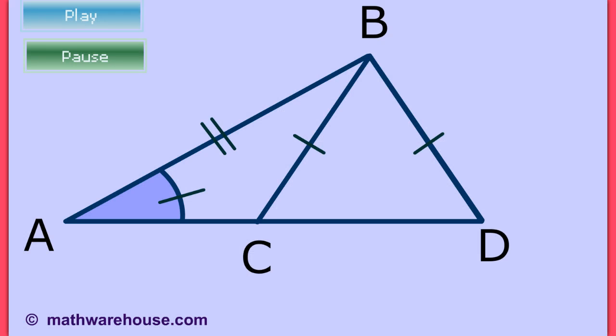So in case you're very confused about why there are two unique triangles created when you're given angle-side-side, I found this online applet that I think does a really good job of visually demonstrating the ambiguous case of the law of sines. So here, for some reason my cursor is not showing up for you, but I'm hovering around angle A right now. Angle A is a fixed angle, okay? This is an angle that's given to you.